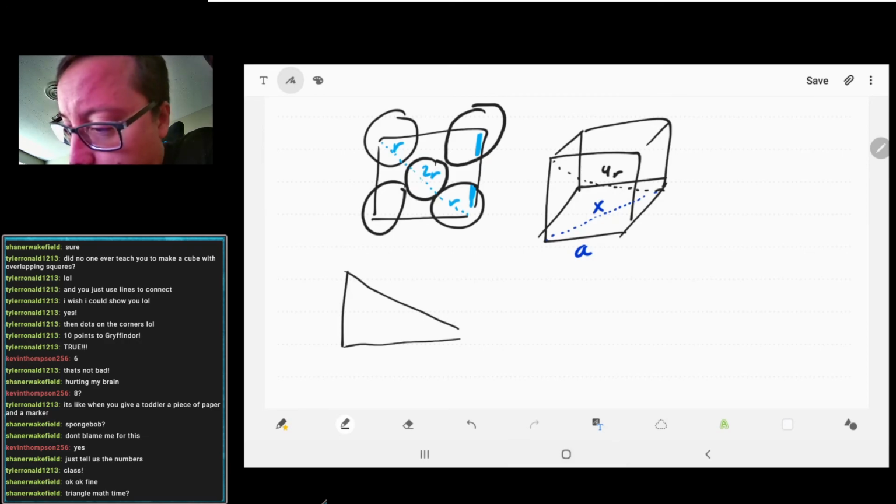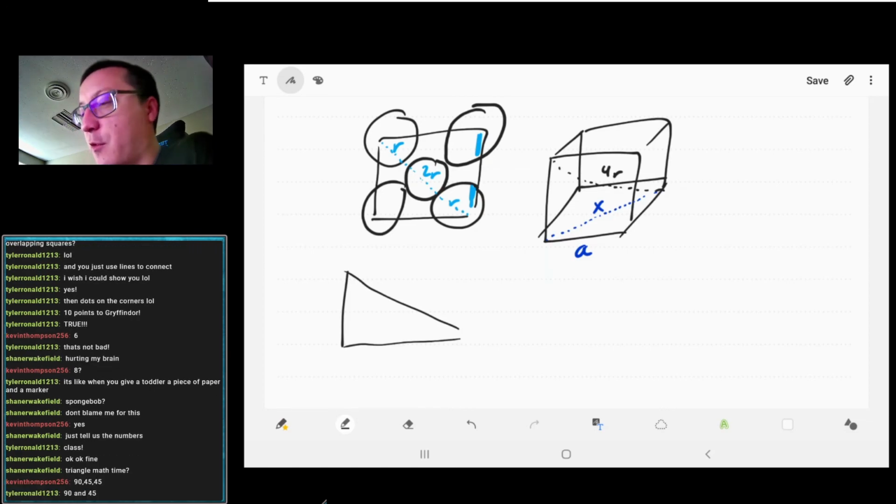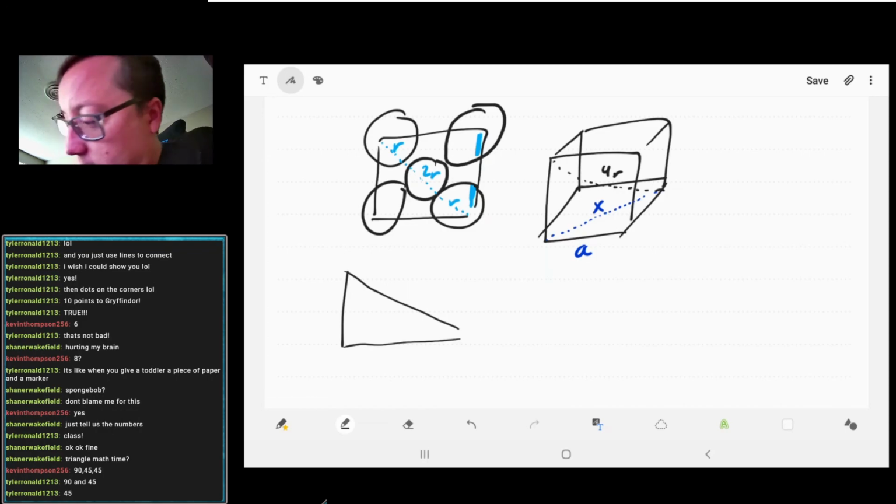What are the angles going to be here, do we think? Indeed, they're going to be 45, 45, 90 triangles, which I can't ever draw.